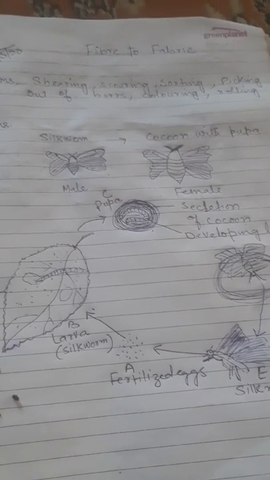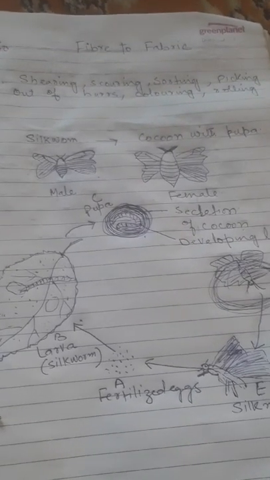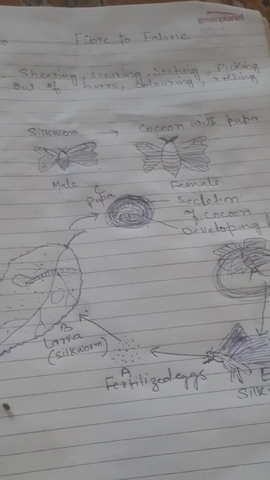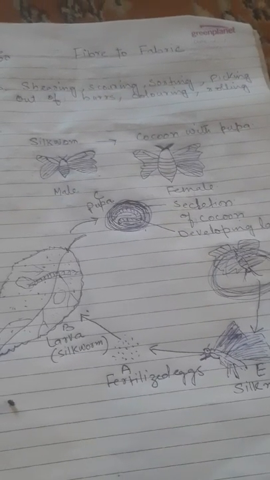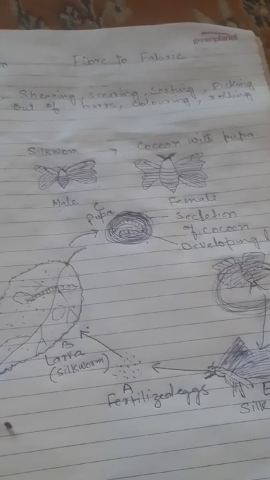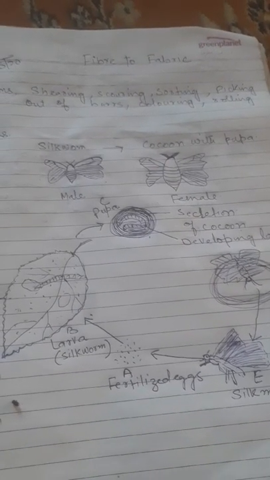The question is: the science of raising silkworms so as to obtain silk cocoon is called? What is this science called? This is called sericulture.